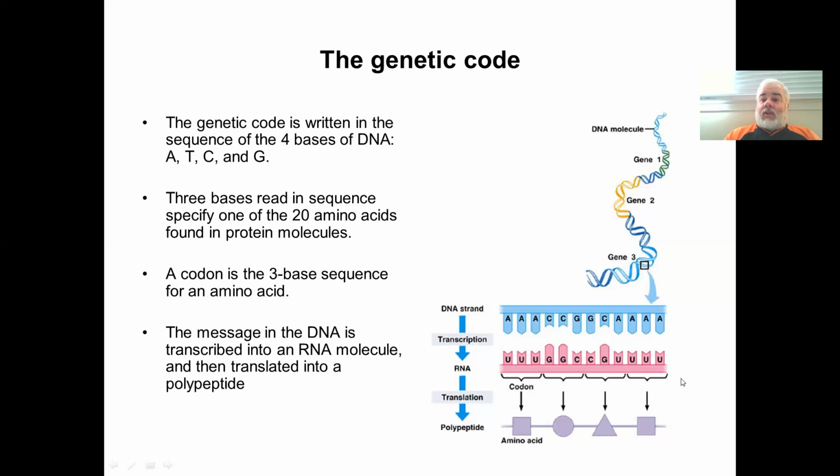T with A, because there is an A on RNA. Now these codons, these groups of 3, are read one group of 3 at a time to determine which amino acid goes there. All right? And that is the genetic code primer. We'll talk about this more in a moment.